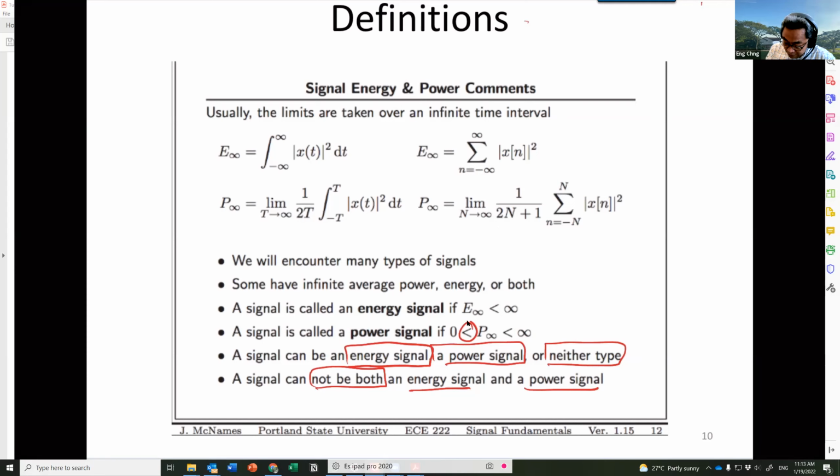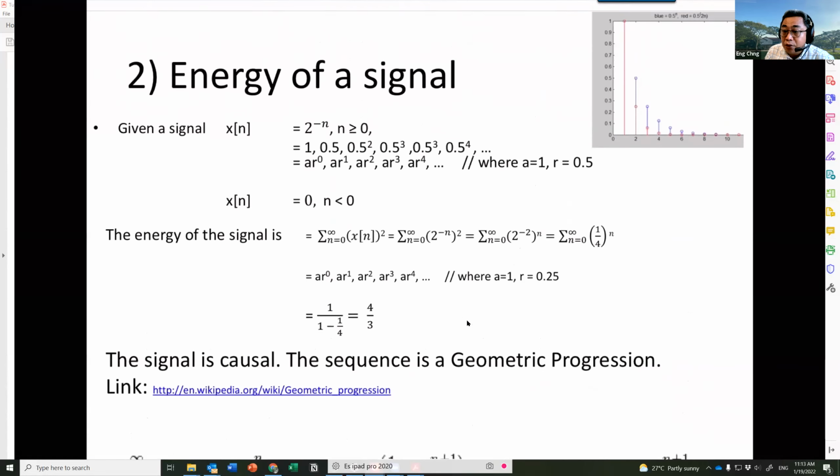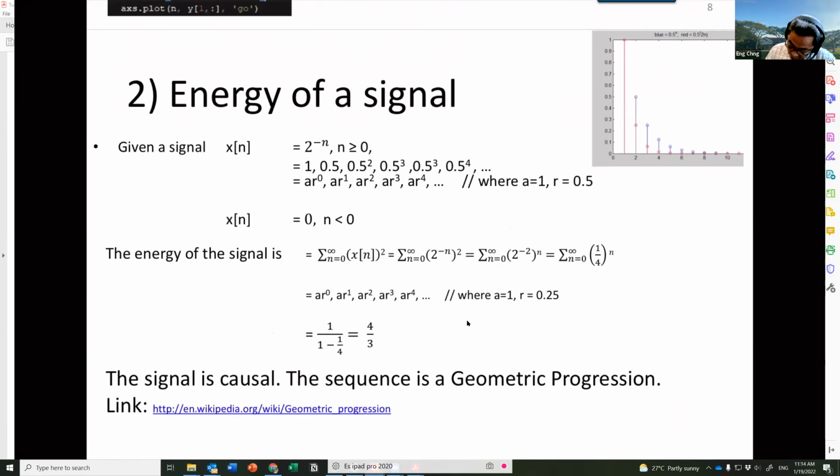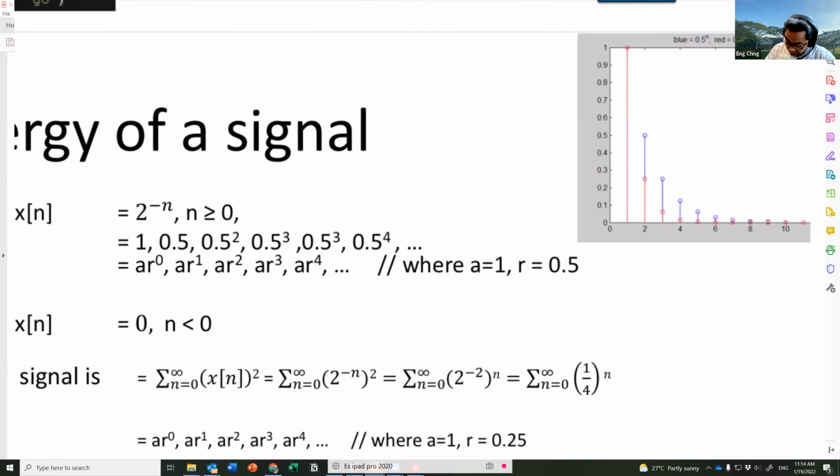All right, so now let us see our question. The energy of this signal. We are given this sequence. Let's see the sequence.